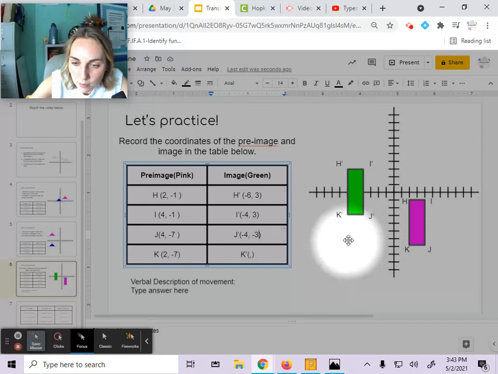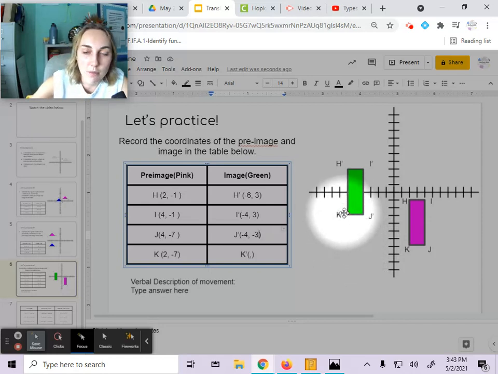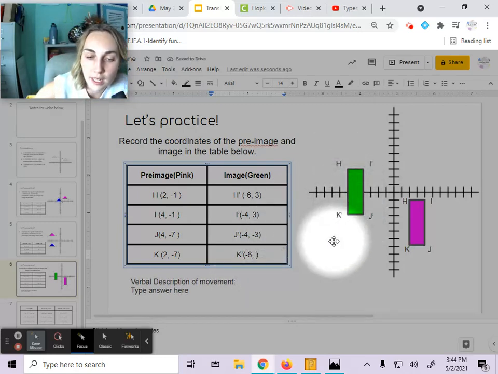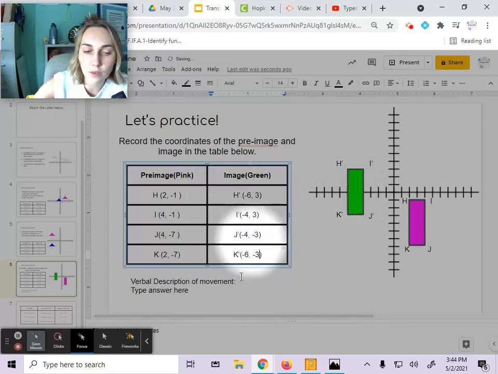And then 4 units up. 1, 2, 3, 4. Okay. Sorry, I couldn't find a better coordinate plane, so it's pretty hard to see these. But yeah, so that still stays the same. So this ordered pair is at negative 6 on the x-axis. And then on the y-axis, it is at negative 3. Okay, so we found all of our ordered pairs.